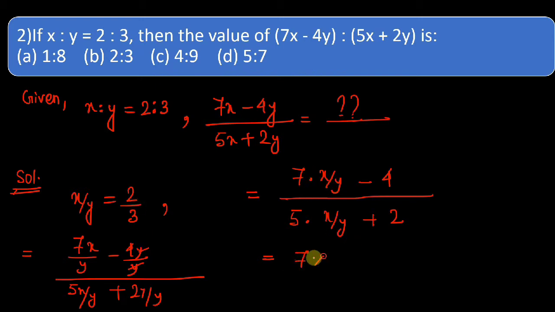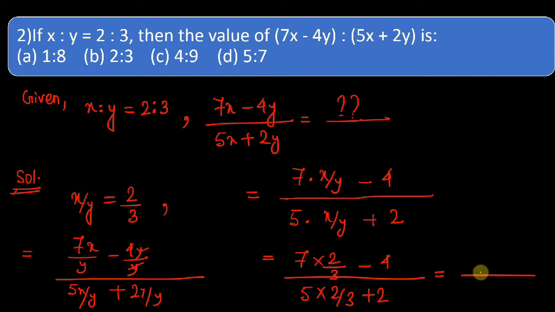We get 7 into 2 by 3 minus 4 by 5 into 2 by 3 plus 2. 7 2s are 14, so 14 by 3 minus 4, and 10 by 3 plus 2.